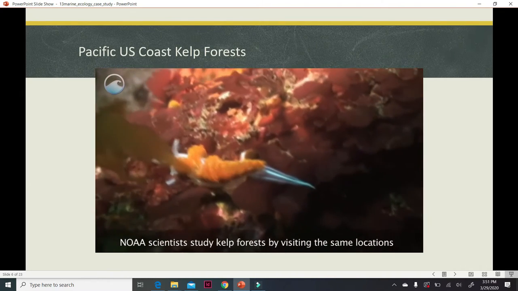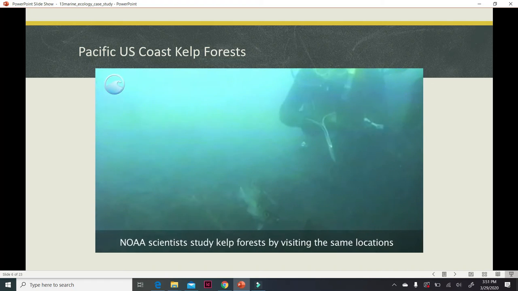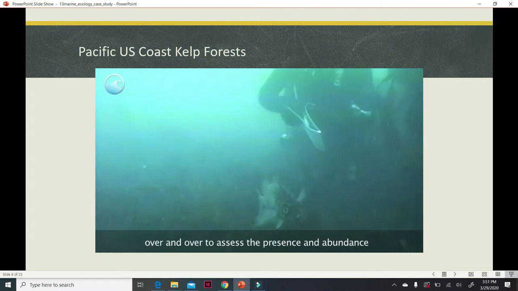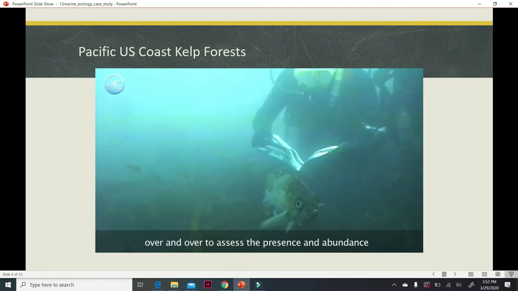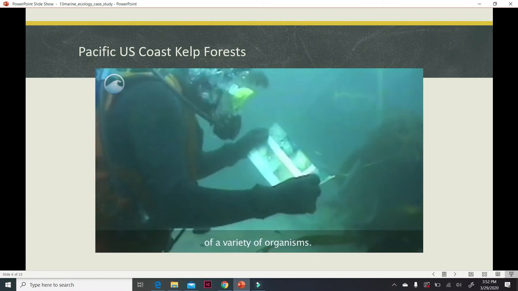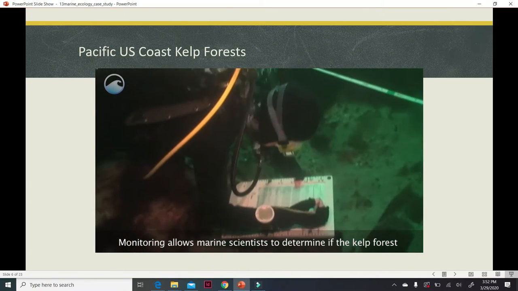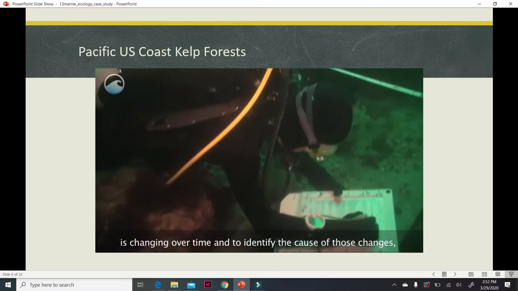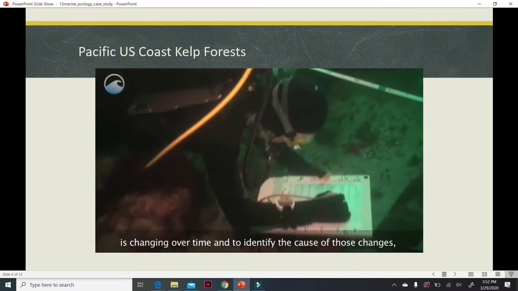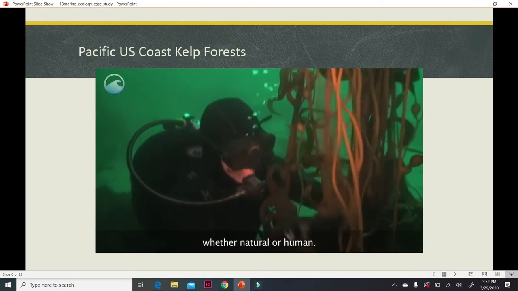NOAA scientists study kelp forests by visiting the same locations over and over to assess the presence and abundance of a variety of organisms. Monitoring allows marine scientists to determine if the kelp forest is changing over time and to identify the cause of those changes, whether natural or human.